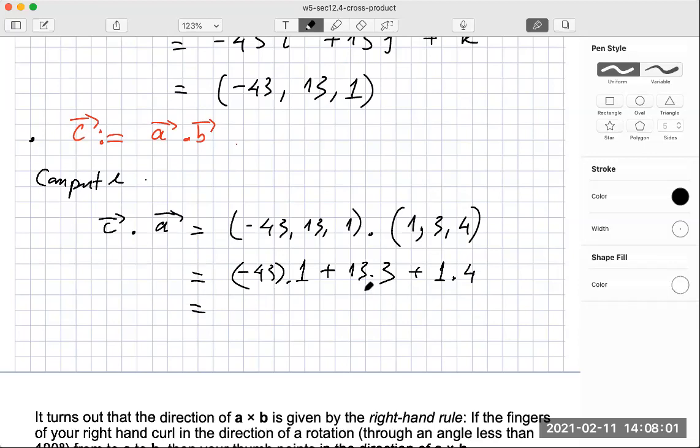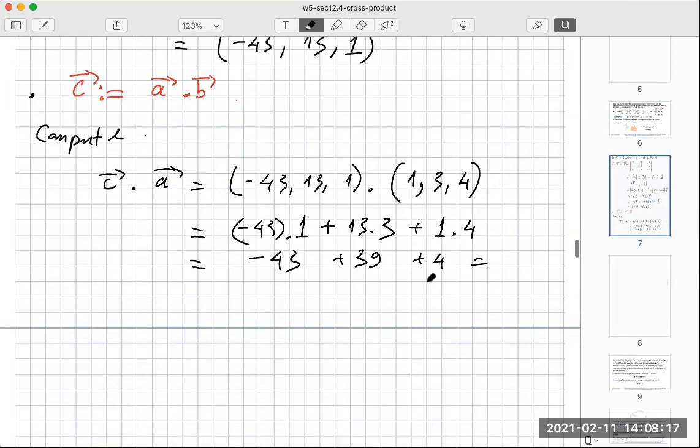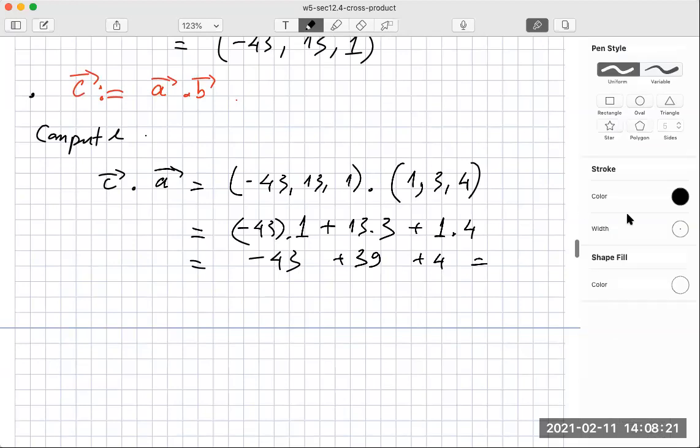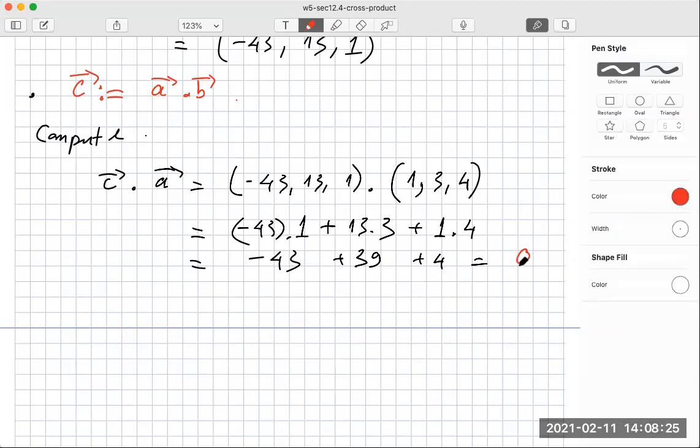And finally, it will be, what is it? Yeah, 0. What does it mean if C dot A is 0? Yeah, it is perpendicular.